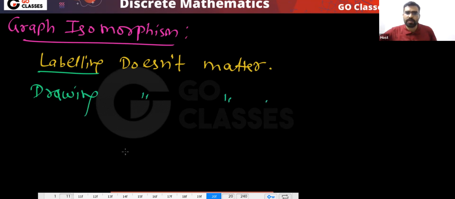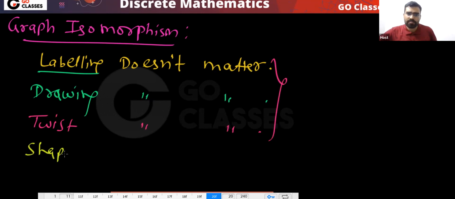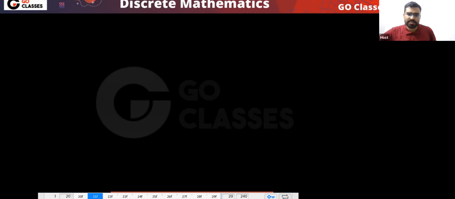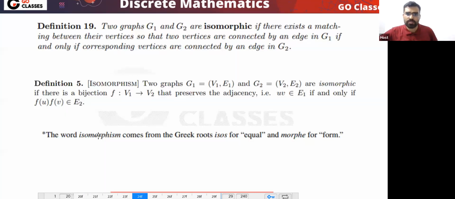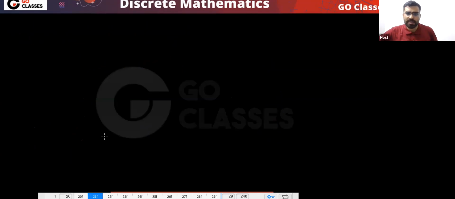Whether you twist does not matter. The shape does not matter. All these things do not matter in graph isomorphism. What matters are many things, for example, the degree sequence should be the same.